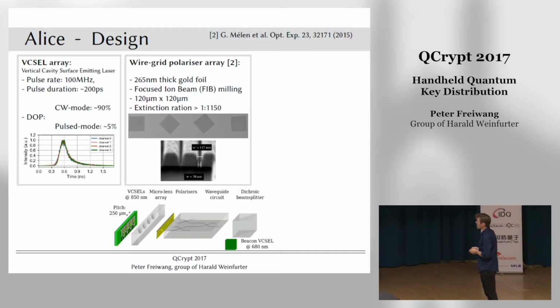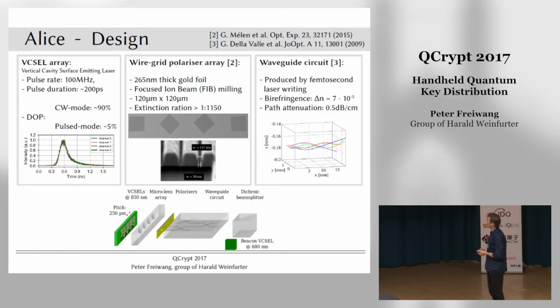You can see here these gratings made by the beam, and we reach extinction ratios well above 1 to 1000. The waveguide circuit is produced by the group of Roberto Osellame in Milan. They use femtosecond laser writing.